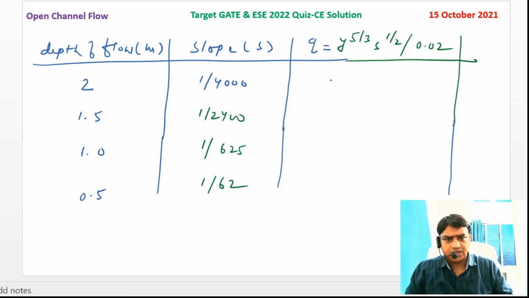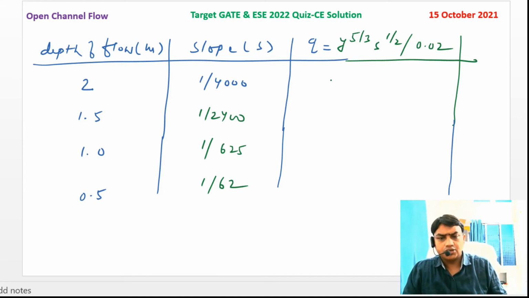For y equal to 2 meters and slope 1 by 4000, we compute 2 to the power 5 by 3 into the square root of 1 by 4000 divided by 0.02.